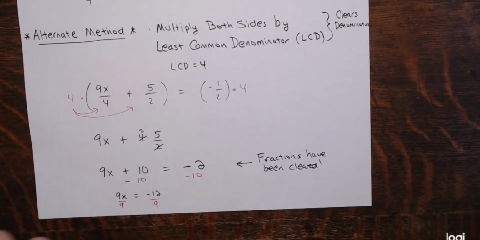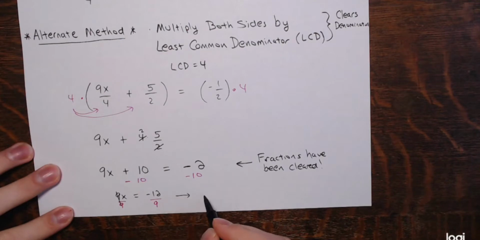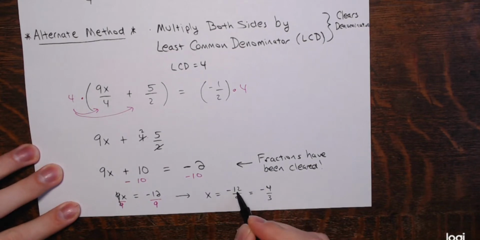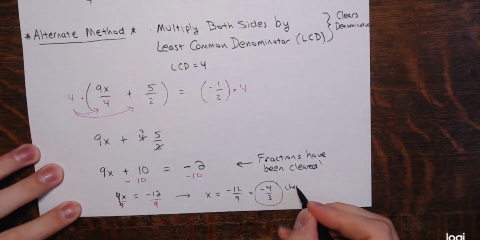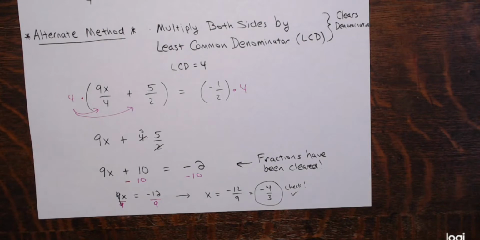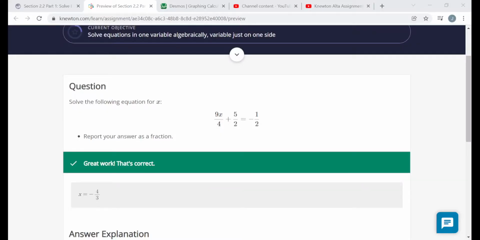And then I'll cancel the 9's, and I'm left with x equals negative 12/9, which reduces to negative 4/3. You divide the numerator and denominator by 3. And again, don't forget to check it, but we checked negative 4/3 already, it worked. That was what I got back here. That's what I entered, negative 4/3.